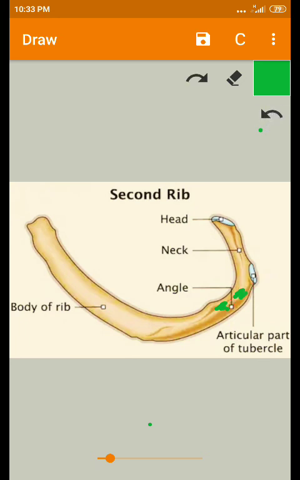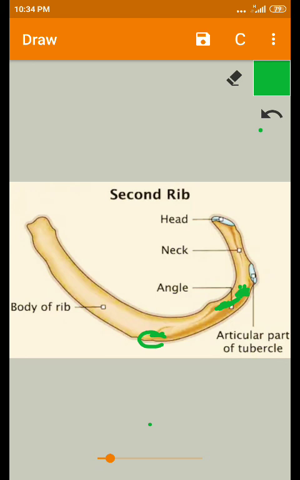Now, how many muscles are attached to this rib? One is the serratus anterior, and here it gives attachment to the scalenus posterior, and behind this muscle it gives attachment to the serratus posterior superior muscle.